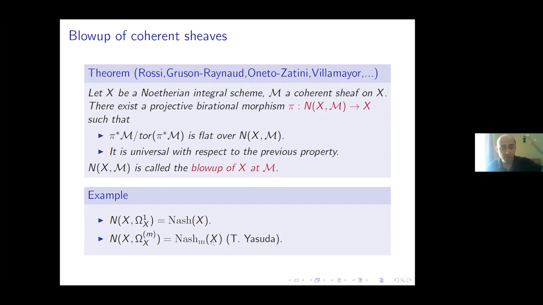This is a higher order version of the Nash blow-up. This equality is actually a theorem proved by Takehiko Yasuda. Now, with this notion, we can discuss this application given by de Fernex and Docampo, related to this formula.